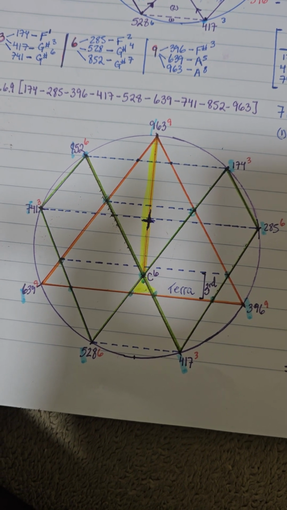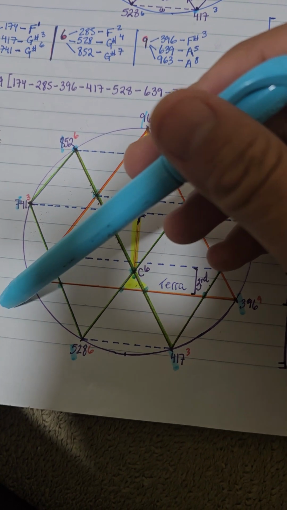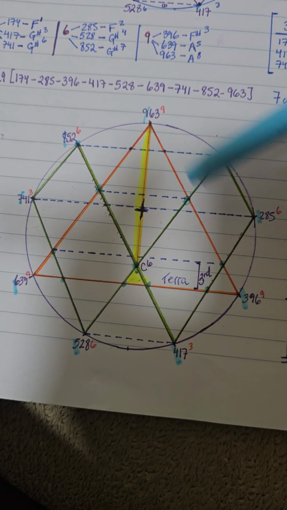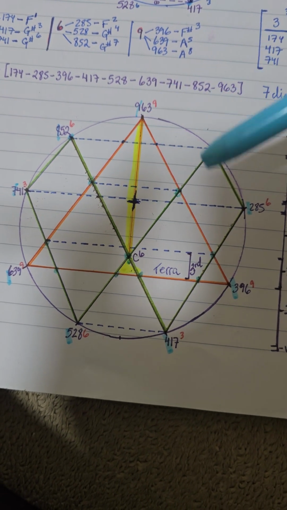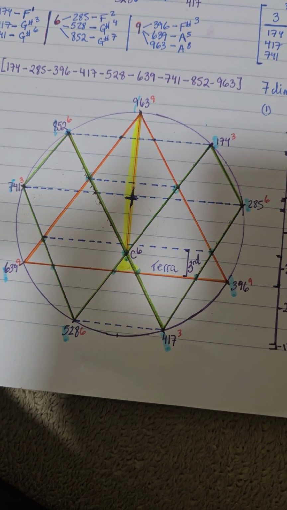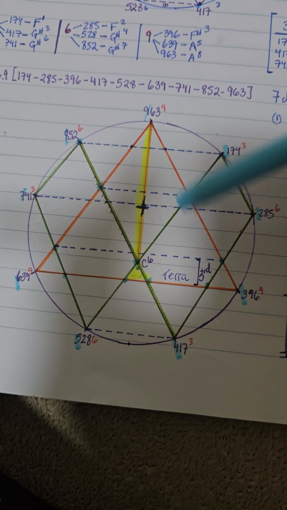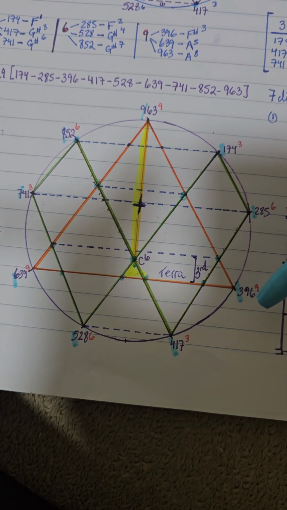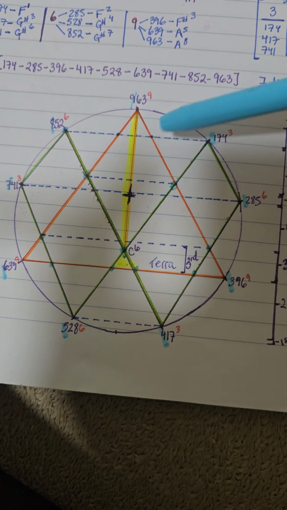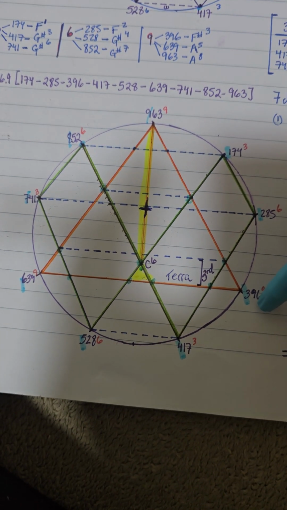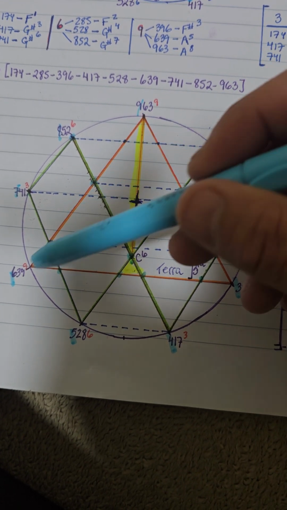Next we take the others that were not part of that, or were not introduced in the duality, because they are triune, and that's also called a divinity. 396, 3 plus 9 is 12, 1 plus 2... 3 plus 6 is 9, 3 times 3 is 9, 9 times 2 is 6.